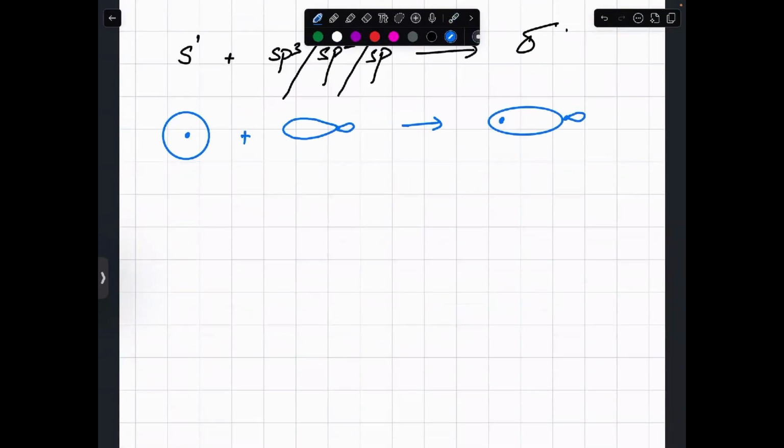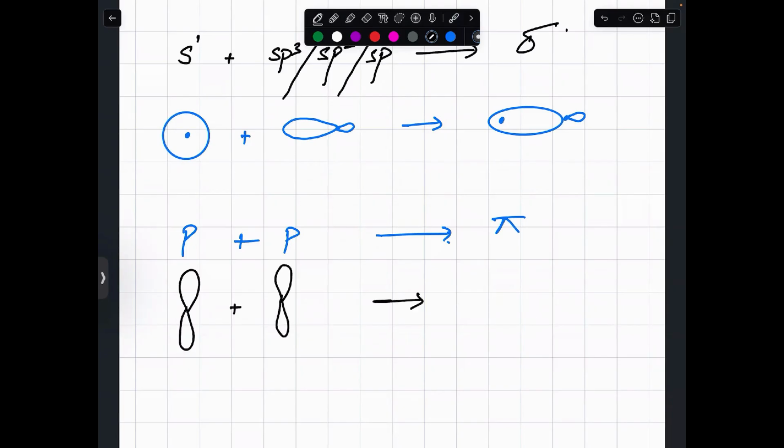Now, if a p overlaps with a p, definitely it is a pi bond, with sideways overlap. You represent this as one p, another p, and this is your pi bond.